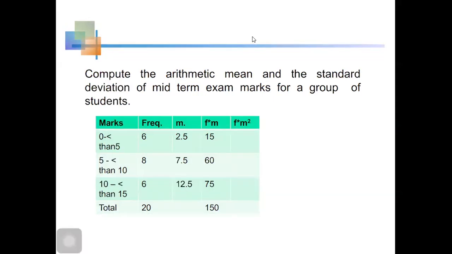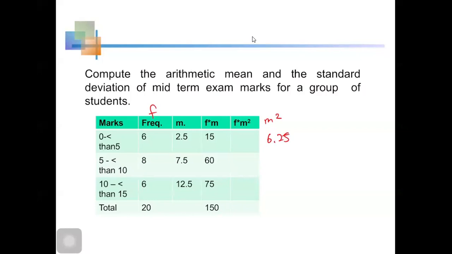Okay, so this is the example just now. We need to calculate the mean and the standard deviation of the midterm marks. Frequency is your F, midpoint, Fm is calculated. Now we need to calculate our M square first. 2.5 times 2.5 is 6.25.